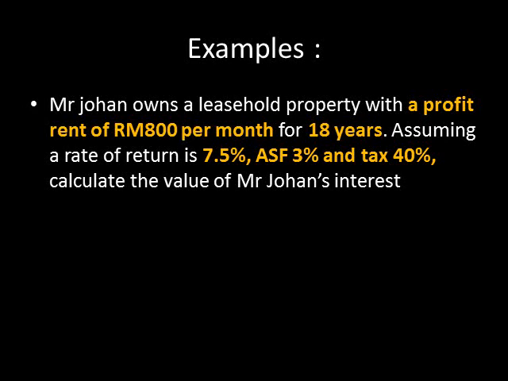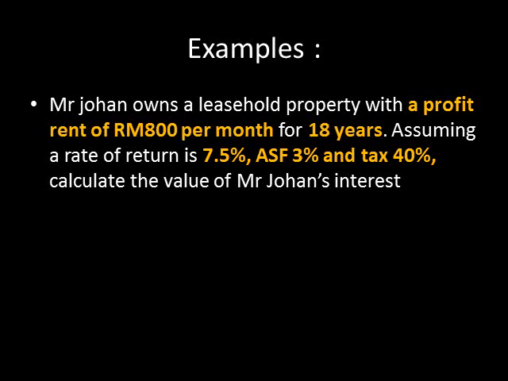Mr. Johan owns a leasehold property with a profit rent of 800 per month. If you still remember, we will consider the profit rentals. The profit rent is 800 per month for 18 years, so it means that the lease period is 18 years. Assuming a rate of return of 7.5%, so 7.5% is the interest rate.